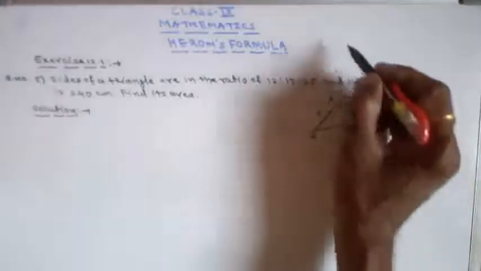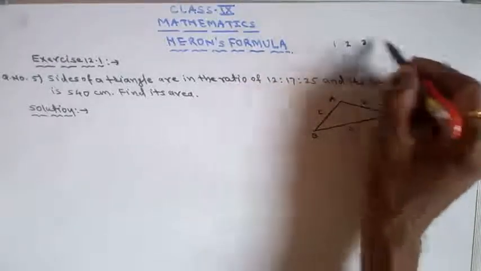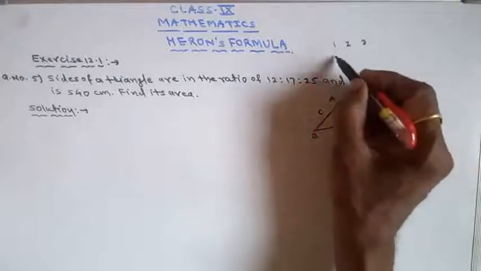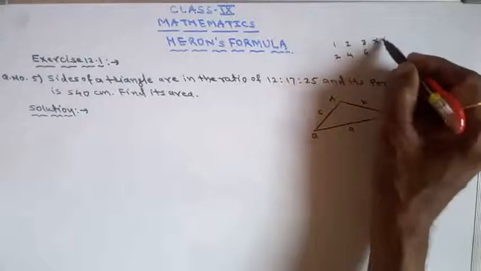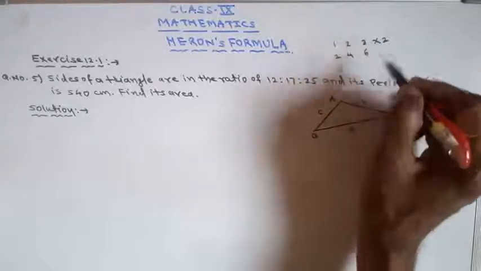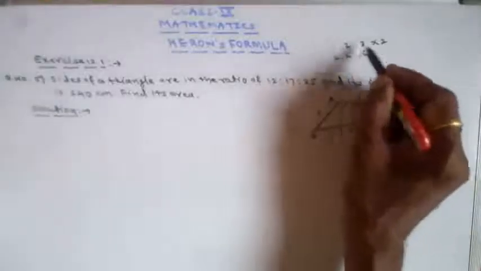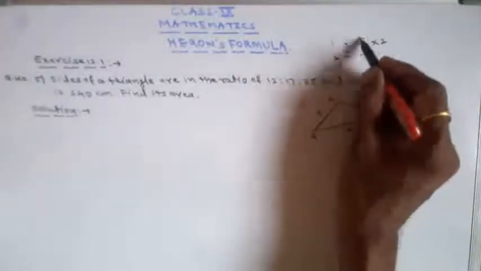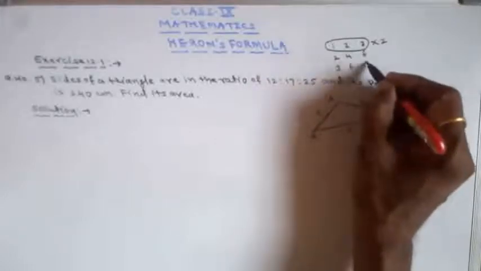We know that suppose you have three numbers 1, 2, 3. If I multiply these three numbers by 2, then I get 2, 4, 6. So 2, 4, 6 are the numbers which are proportional to 1, 2, 3. If I multiply these three numbers by 3, then I get 3, 6, 9.